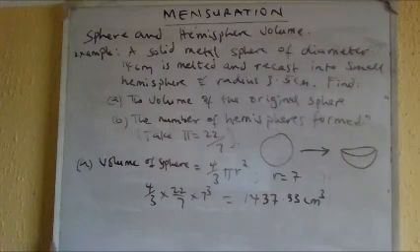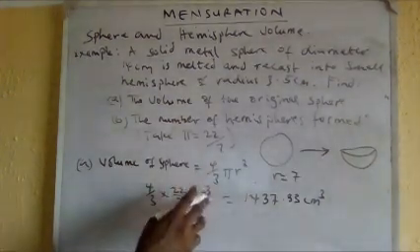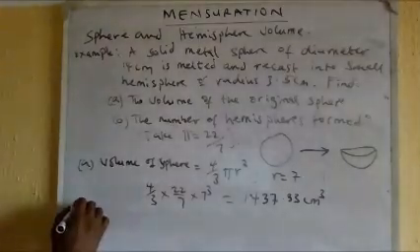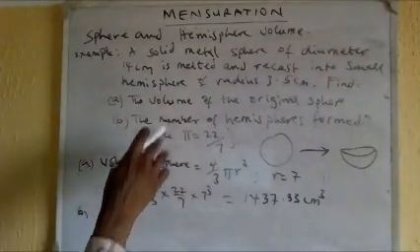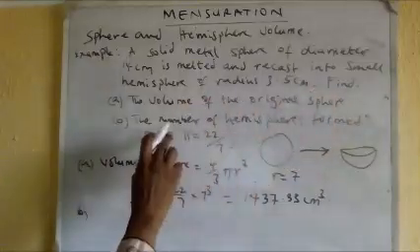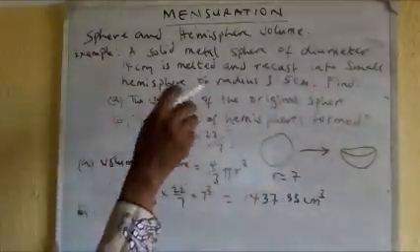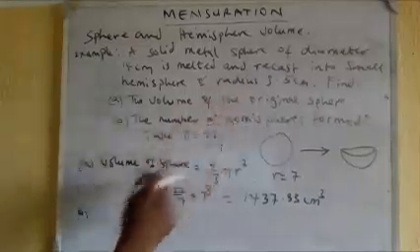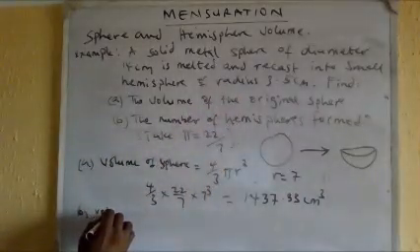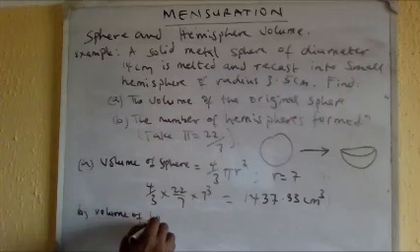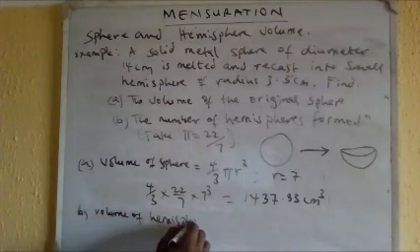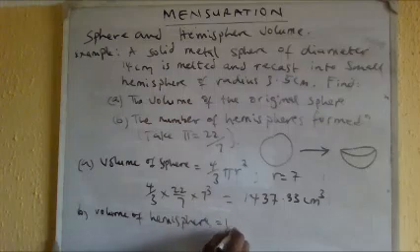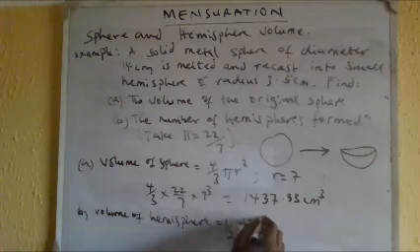Now, for the hemisphere, I said hemisphere is half. The formula is half of this. So for B, we have gotten A. Now, number of hemispheres. To get the number of hemispheres, first of all, find the volume of this hemisphere. Volume of hemisphere is half of the formula of the volume of the sphere.